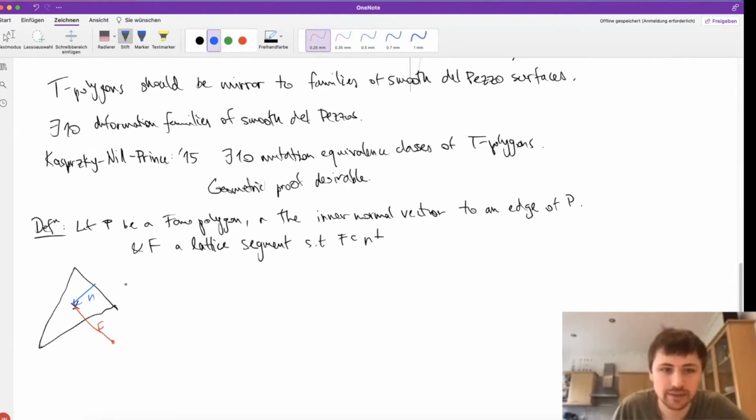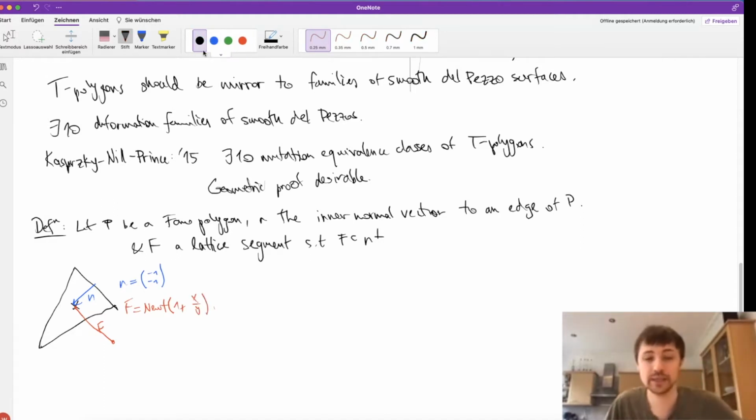So in this case, N is (-1, -1), and F is the Newton polygon of 1 + x/y. That's my starting data. And I define a mutated polygon mut_N,F(P).